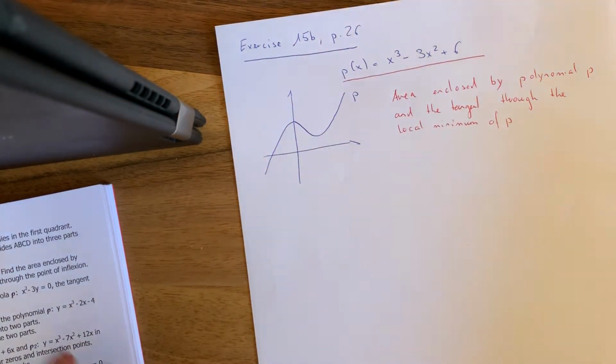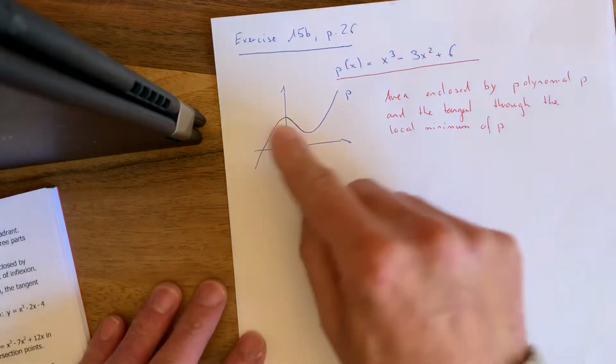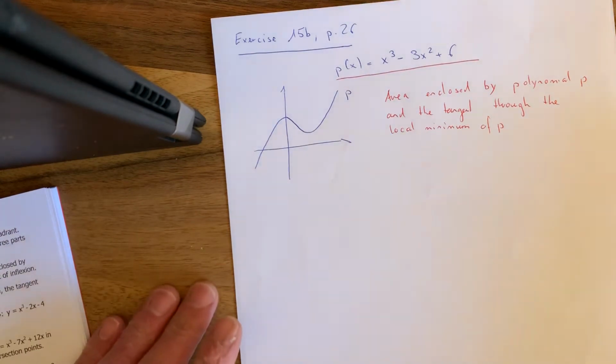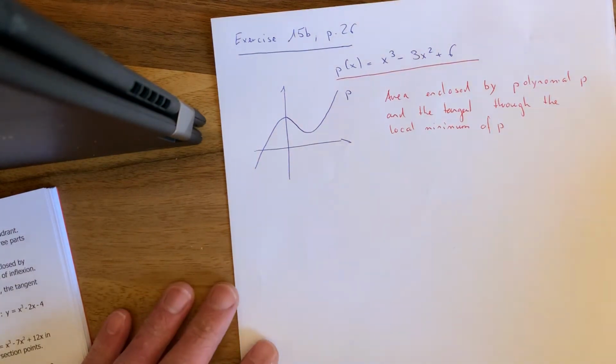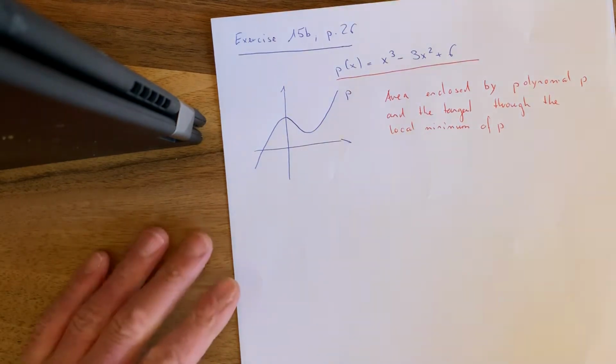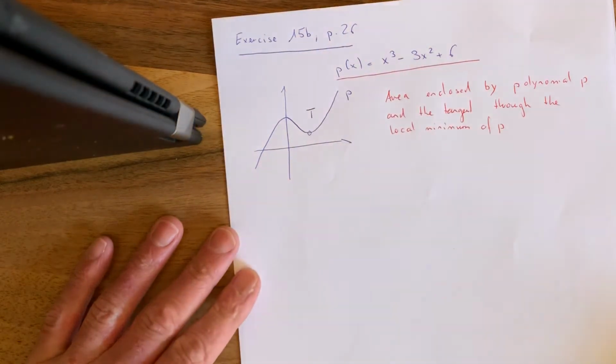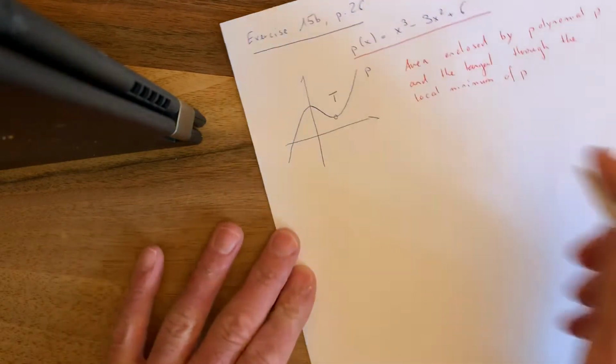Okay, so since we already know how the graph of this function looks like, it's not difficult to paint a picture of the situation. So it's clear just from the picture that here we have the local minimum, the Tiefpunkt.